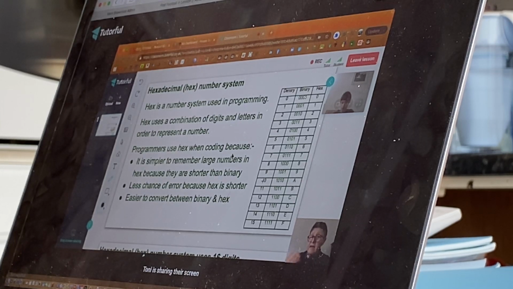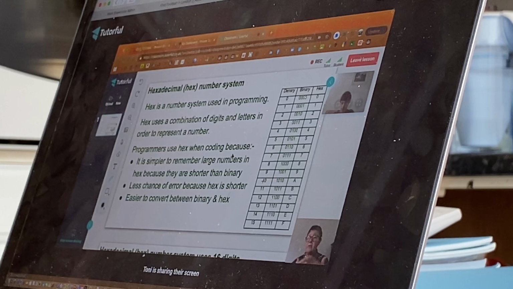Now, the reason for this is, if you ever do a GCSE exam in computer science, there are always questions on converting binary, denary, and hex. And actually, at GCSE level, they won't be as easy as just doing binary to denary. They will always include converting it to hexadecimal.